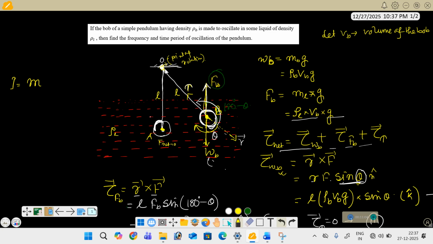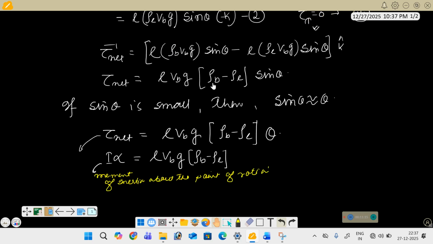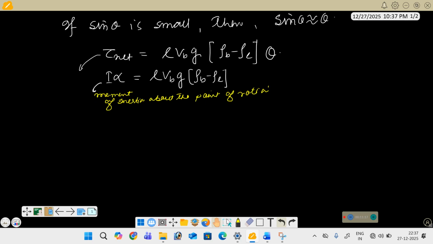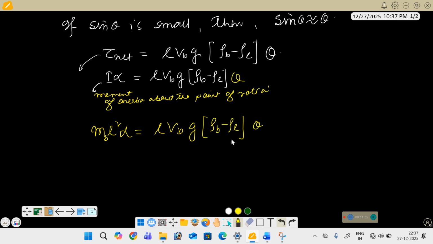Then the perpendicular distance from this is your L. So it will be m L square, right? So in place of I, we can write it as m L square, where m is the mass of the bob. So m L square alpha equals L Vb G (rho b minus rho L) into theta.